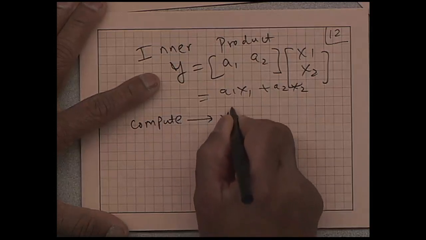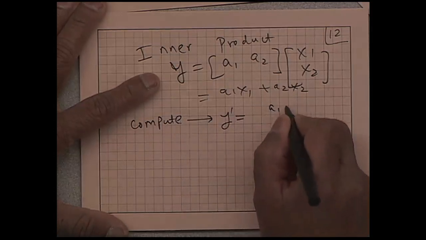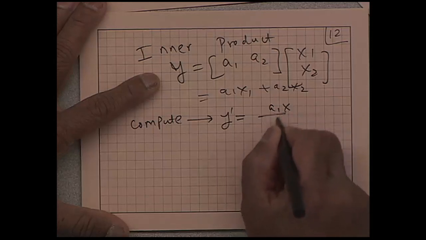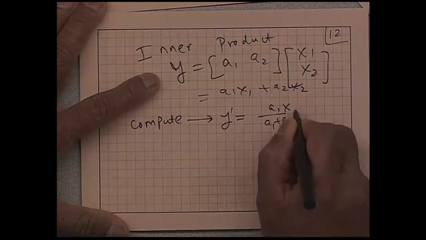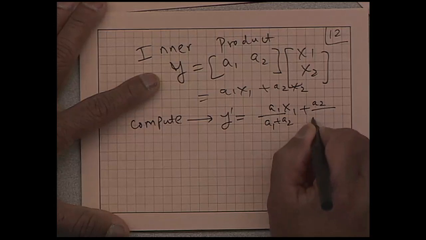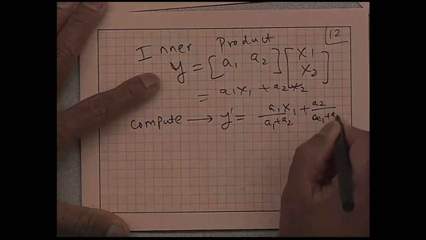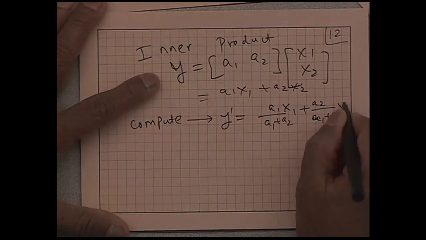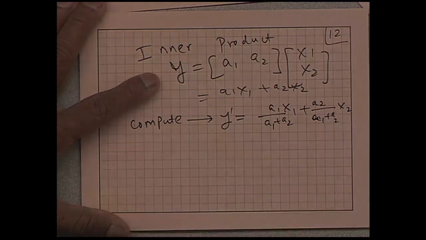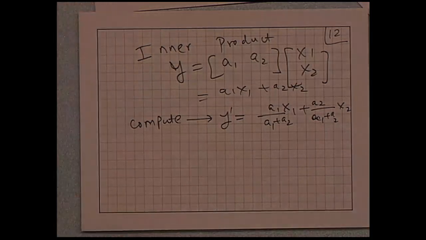So instead of computing that, we can compute Y prime as A1 by A1 plus A2 times X1 plus A2 by A1 plus A2 times X2. So we are scaling by the factor A1 plus A2, and that scale factor will make sure that there is no overflow.